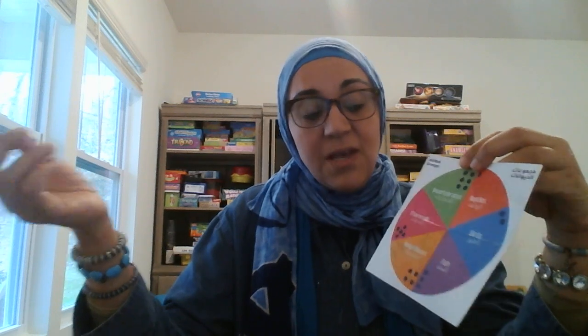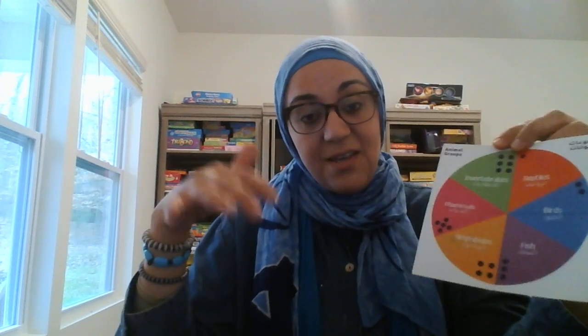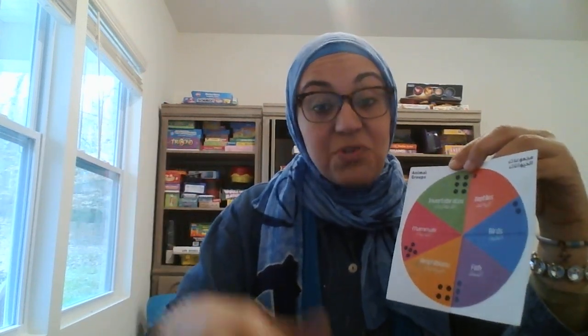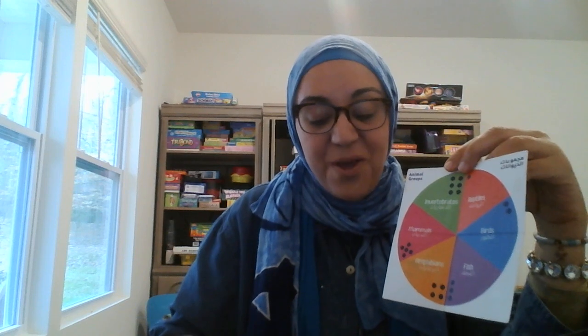So I went over the animal groups, and I told him, because we have so many different kinds of animals, scientists decided to put them into groups so it will be easier to study. Animals that share a lot of things together are put in one group. Like birds, they all have feathers and wings, and they kind of fly. Then, as we were playing, we came across the penguin, and I said, put it here with the birds.